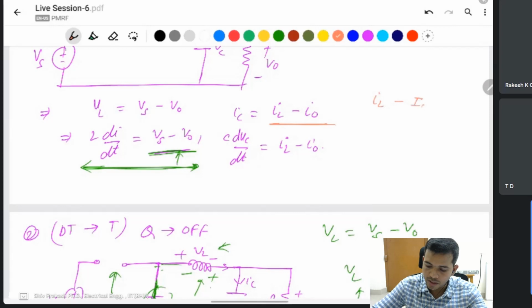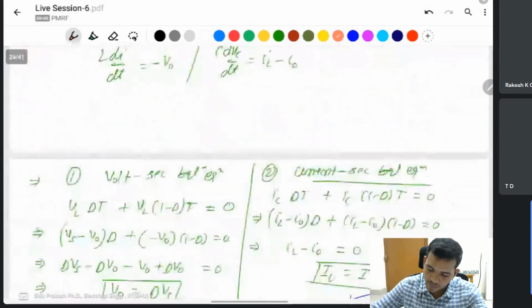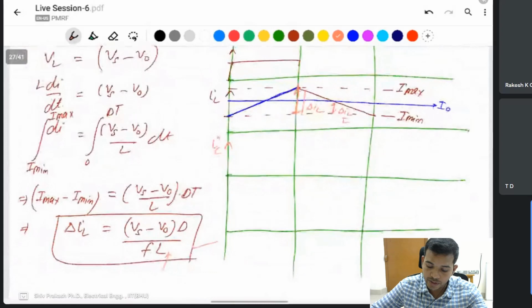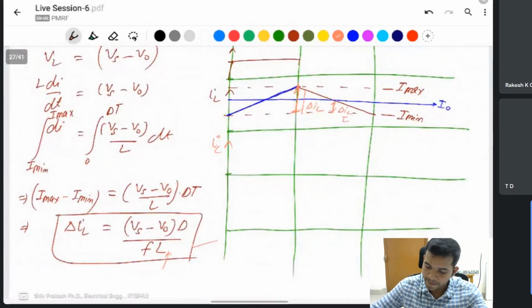If you take I naught as a constant, then IL has a ripple, and the whole ripple of the inductor current goes to the capacitor. If you subtract I naught from IL, you get IC.